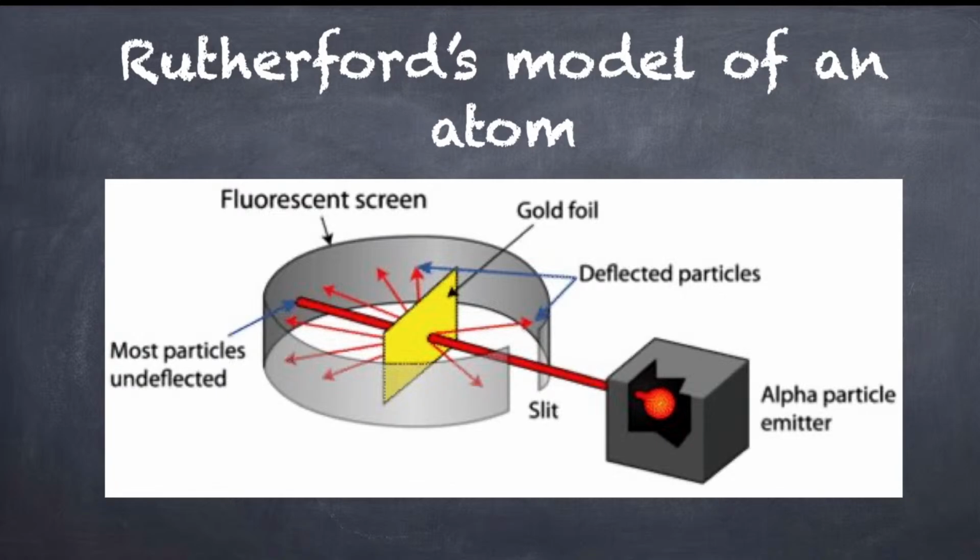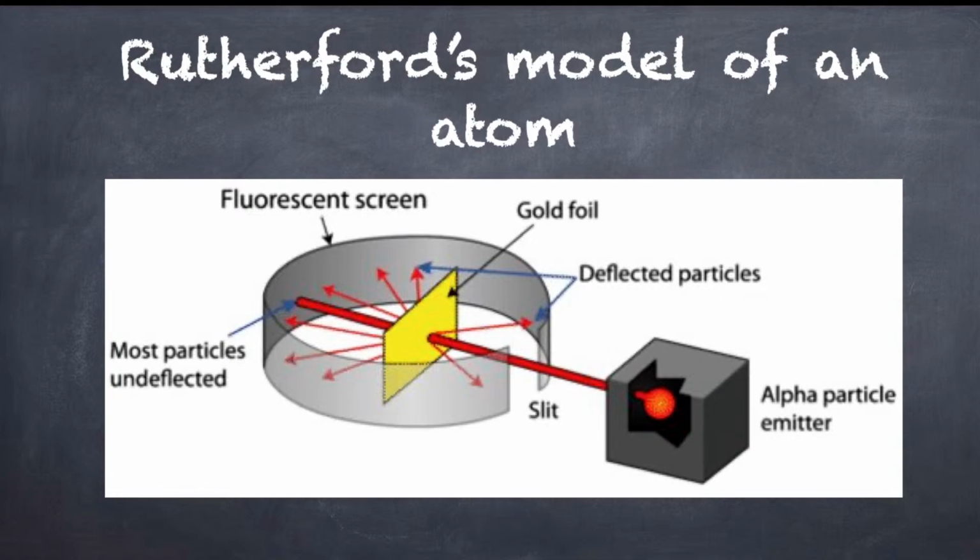Now, Rutherford took gold foil which was broken into a very thin sheet. It had only 1,000 atoms within it. He took gold foil because gold is easily malleable. It could be broken into thin sheets. Then he took an alpha particle emitter which was doubly positively charged.